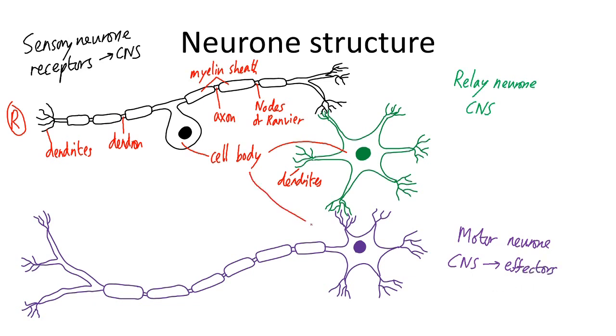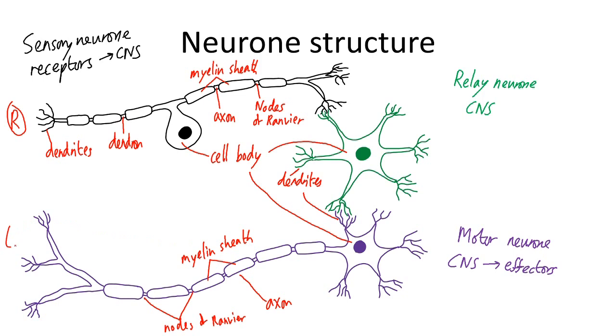So again, we can see the cell body with dendrites, and this time we've just got the axon extending out of it. So here is the axon, and again there is a myelin sheath which is being produced by the Schwann cells and nodes of Ranvier in between them.